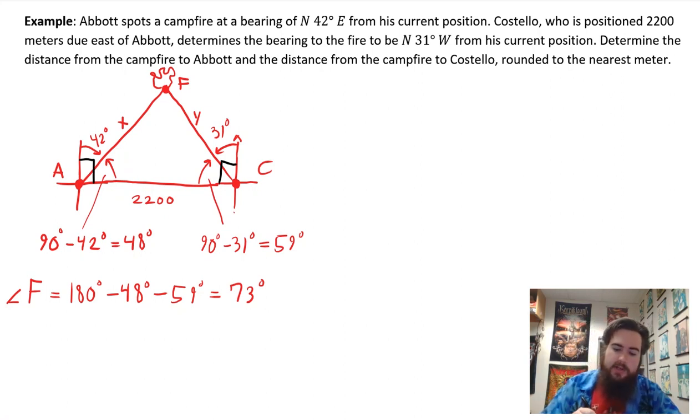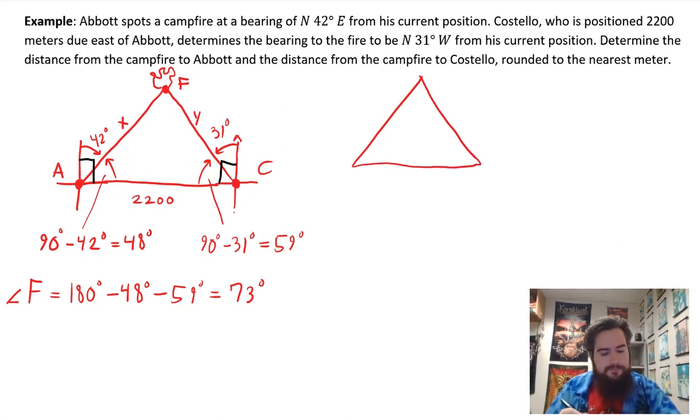If you want to redraw this to clean up a little bit, if there is too much going on, it's always a good recommendation. We have 48 degrees, we have 73 degrees, and we have 59 degrees, as well as one side length that we know is 2,200 meters. And we are trying to solve for x as well as y.